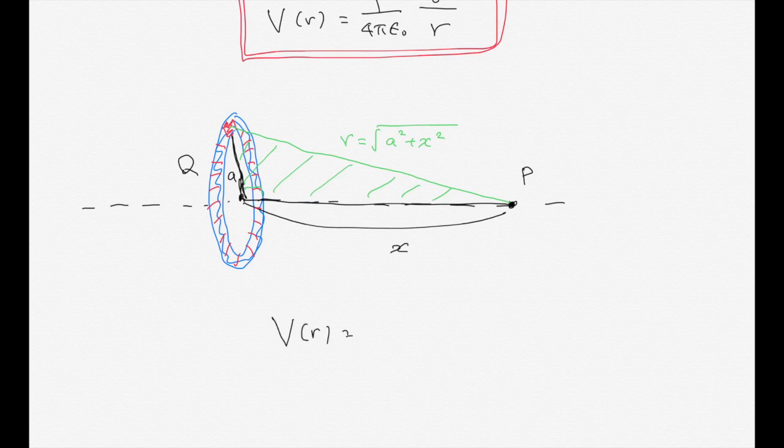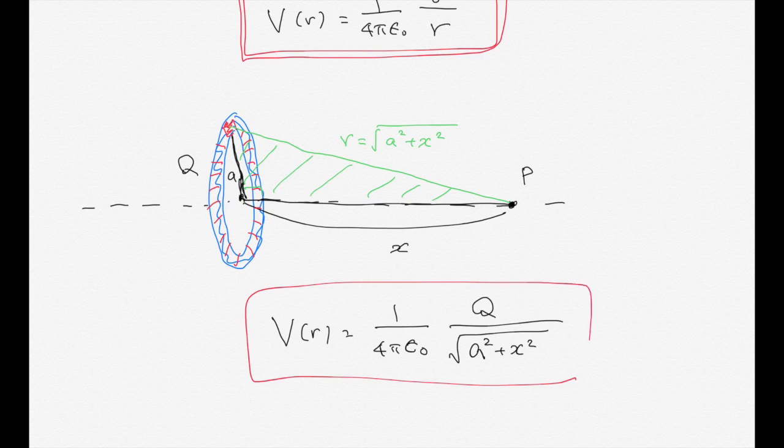V is 1 over 4 pi epsilon naught Q, the charge, over the square root of A squared plus X squared. Okay, so this is the answer to this practice.